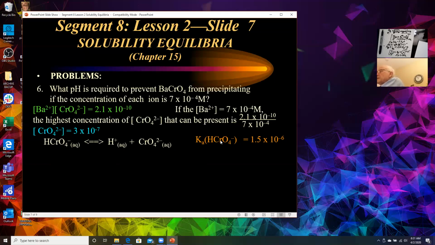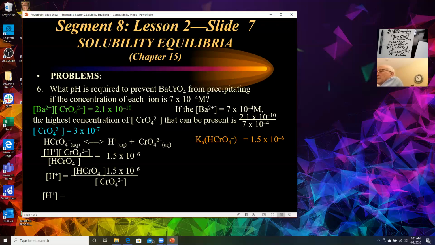So this is the Ka value that was given in the problem, 1.5 times 10 to the negative 6, the acidity constant for this acid. It's given by these concentrations. If the hydrogen ion concentration is going to be this, I can just plug in the values.